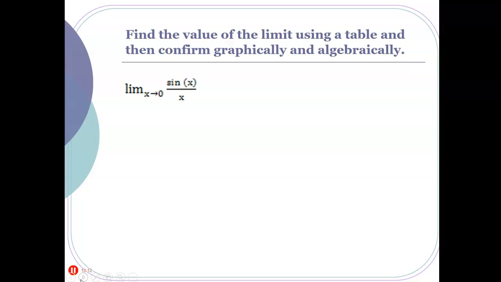I did not. So the limit as x approaches 0 of sine x over x is a special limit. So we have two of those limits. We have the limit of sine x over x, and then we also have the limit with a cosine.